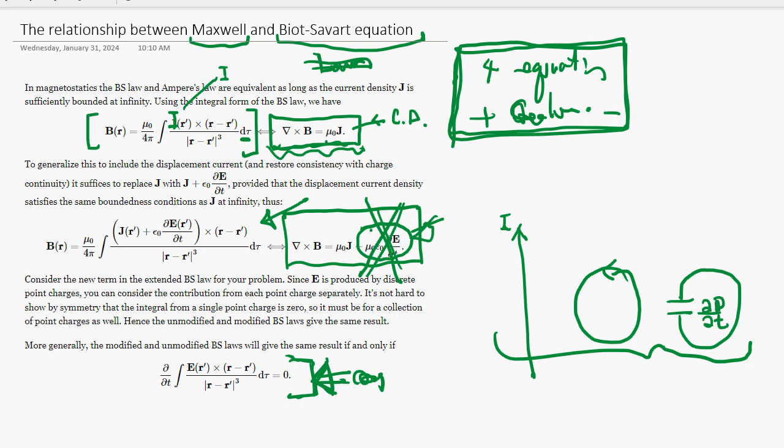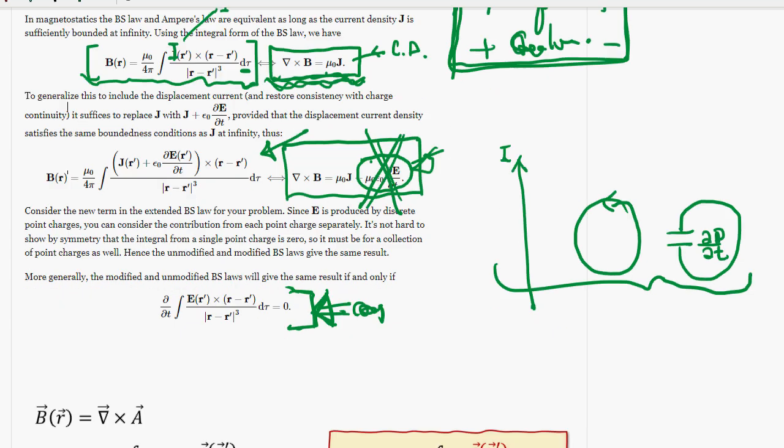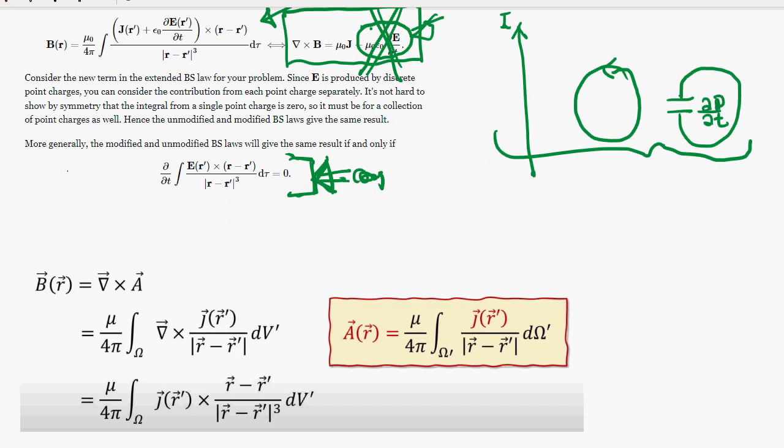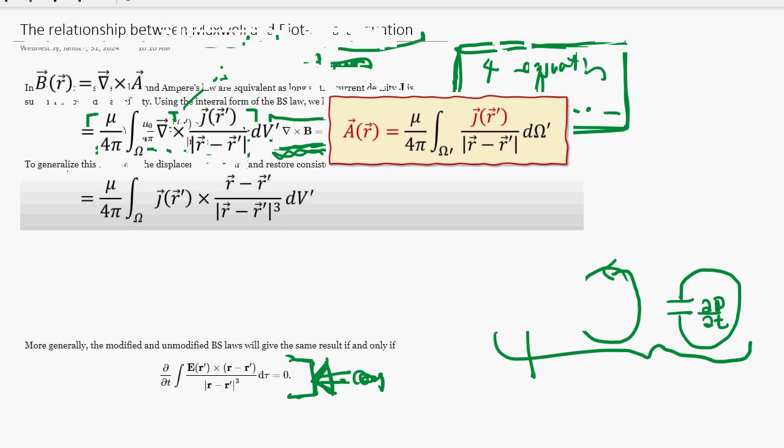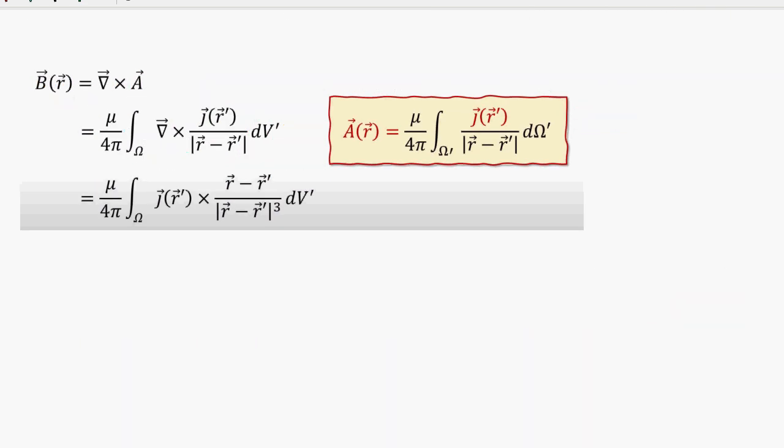So the next question is: how do you translate this differential format into integral format? We talk about Poisson's equation.